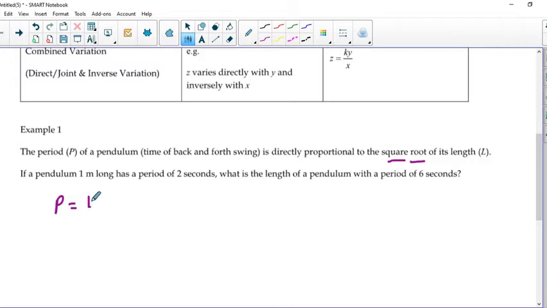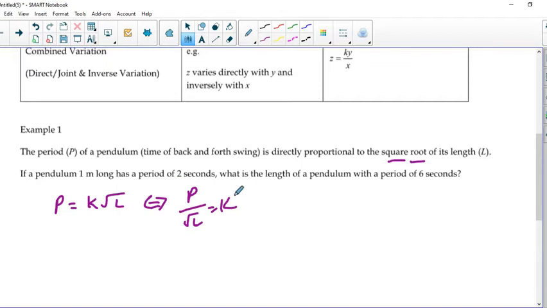So we have to have k times the square root of L. Or you can say P divided by the square root of L equals k. Doesn't matter either way, either one of those direct proportional statements applies.